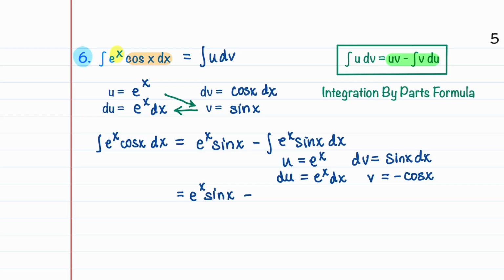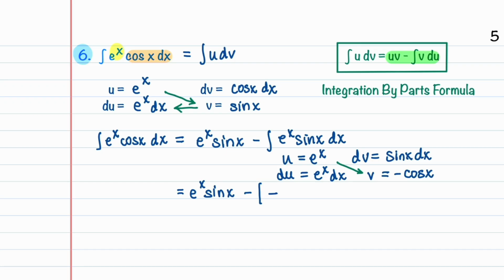And then we're going to subtract off u times v. That gives us minus e to the x cosine x. And then we have a minus the integral of v du. So that's minus the integral of minus e to the x cosine x dx.